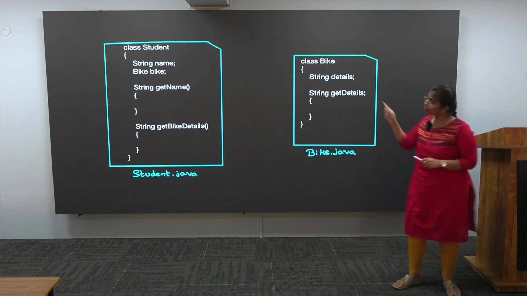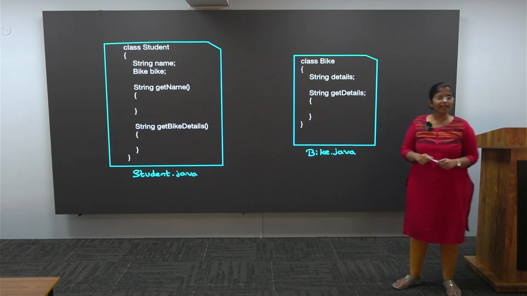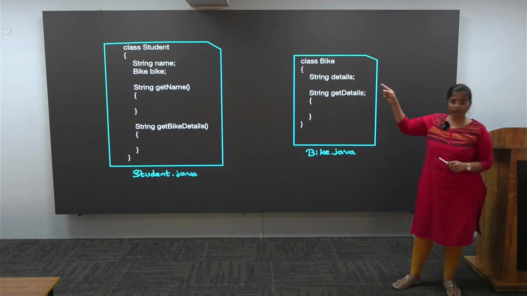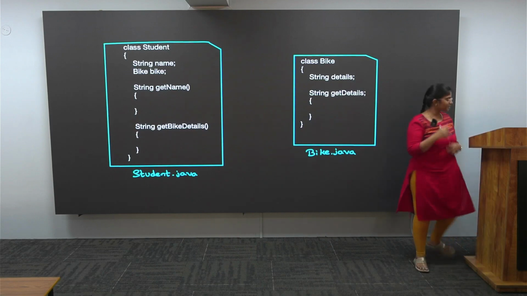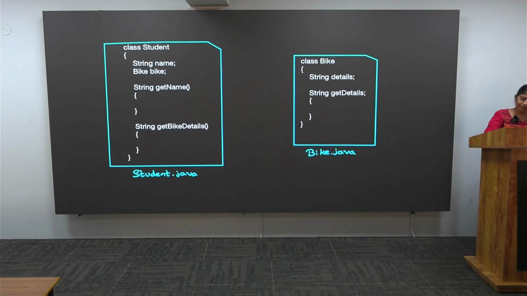And also if you want to call this particular get bike, you need to create an object of your student class also. So this is the process which you will be making. First you will create an object of your student, and you will also create an object of your bike, new bike, you will get a bike object.